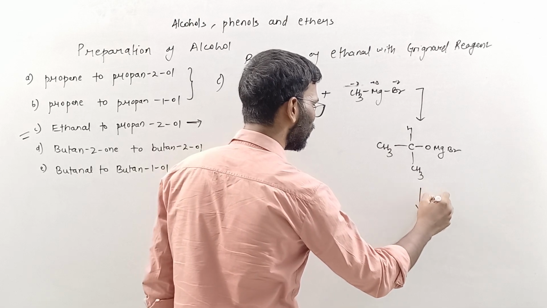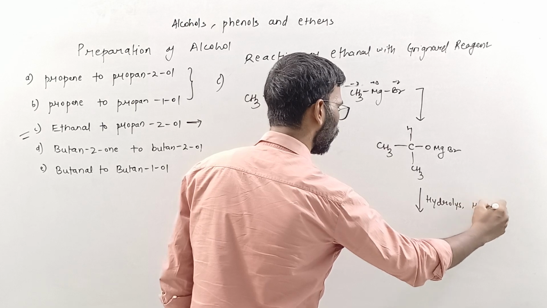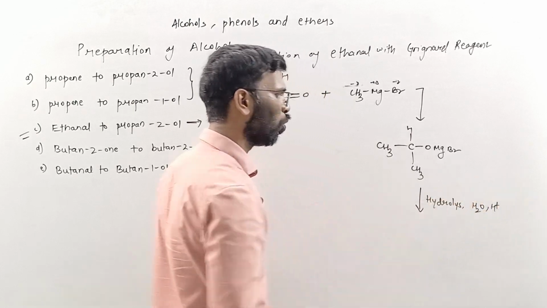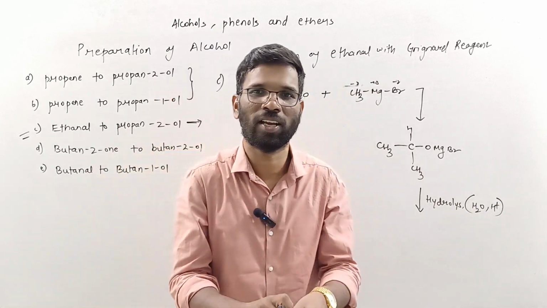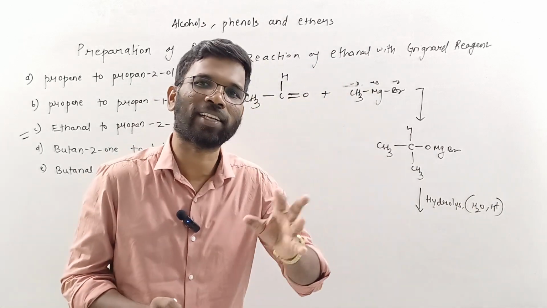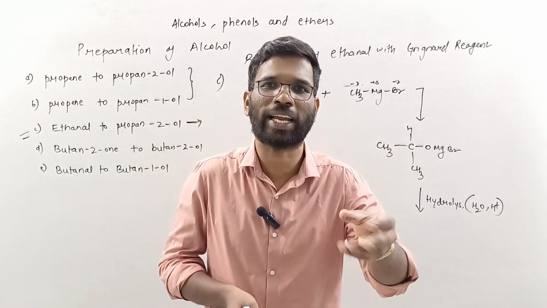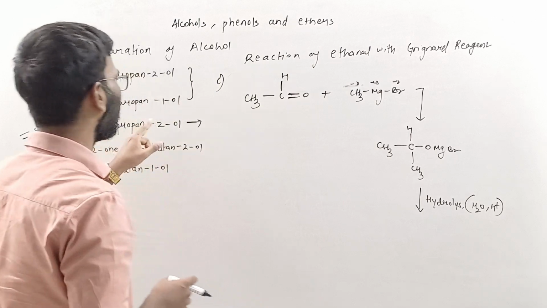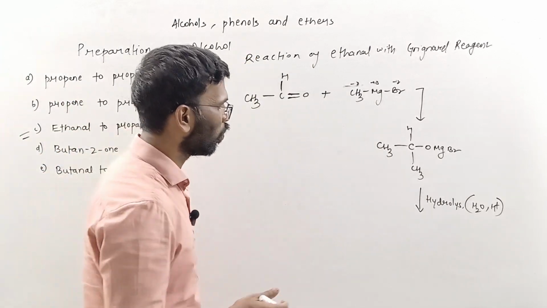After hydrolysis, it is written H2O and H plus, or H3O plus could also be written. You have to understand hydrolysis, not hydration. Understand the difference between hydrolysis and hydration. Hydrolysis is breaking of bonds using water, and hydration is addition of water, right? What I did previously was addition of water. So what do you get over here?